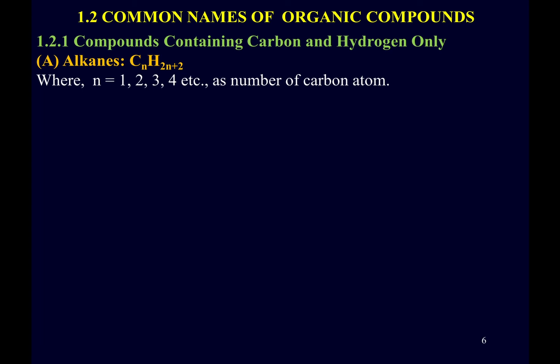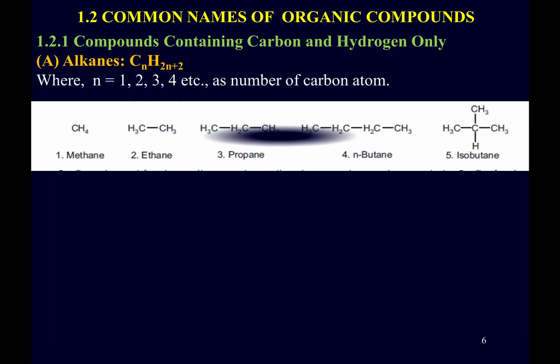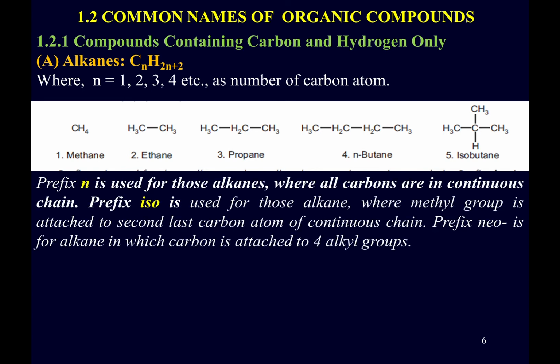Under compounds containing only carbon, hydrogens or the hydrocarbons, you get alkanes, which are totally saturated with a molecular formula of CnH2n+2. Under this you have got methane, ethane, propane, n-butane, isobutane, and they have different prefixes n, iso or neo.